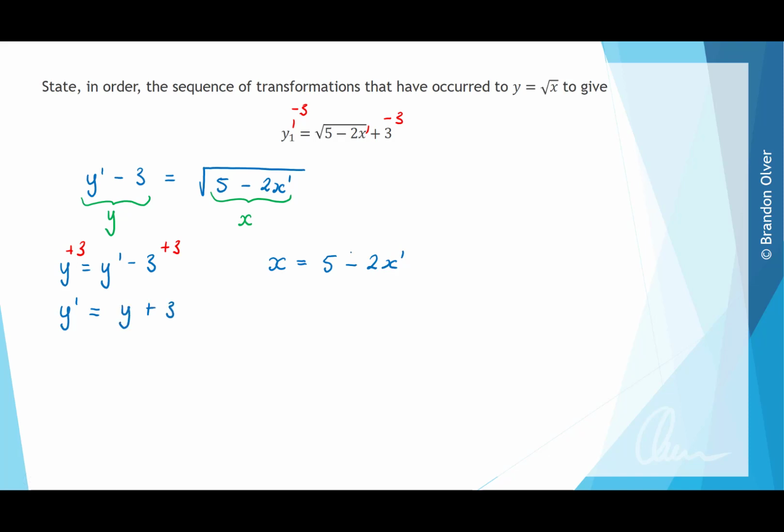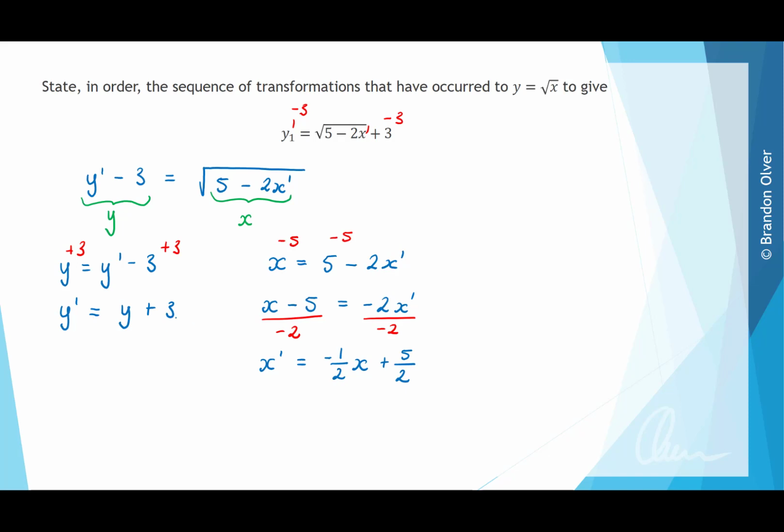For the other equation, we're going to start by subtracting 5 from both sides of the equation. So this gives us x subtract 5 is equal to negative 2x dash. And then to get x dash by itself, we're going to divide both sides of the equation by negative 2. And this gives us x dash is equal to negative 1/2 x plus 5 over 2 when you do the division by negative 2.